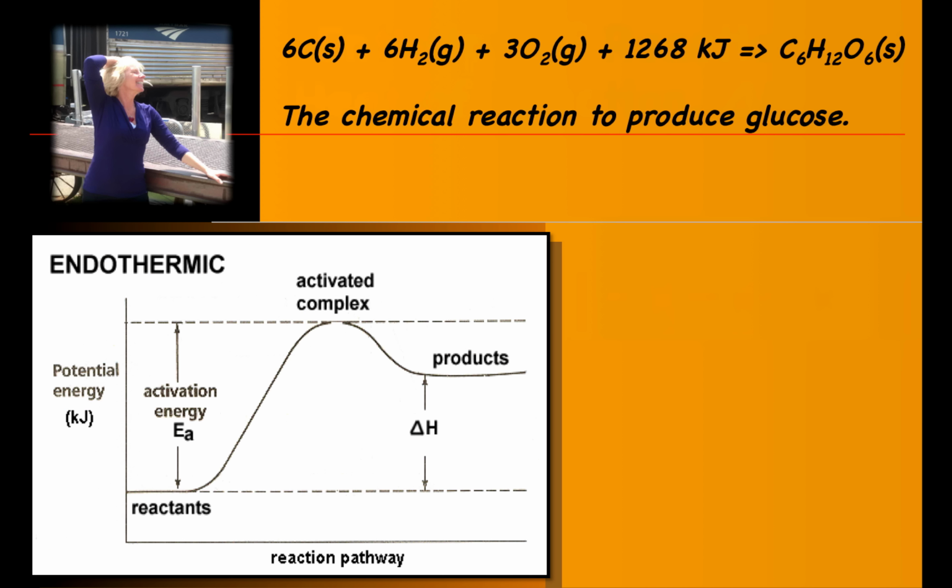This is an endothermic potential energy diagram and represents the chemical reaction shown above, when carbon, hydrogen, and oxygen combine to form glucose. Look at the potential energy diagram. Do you see the interval that represents delta H?